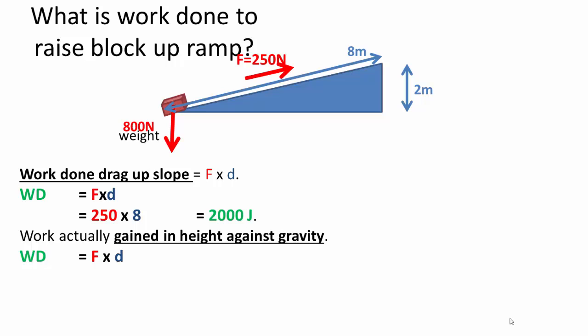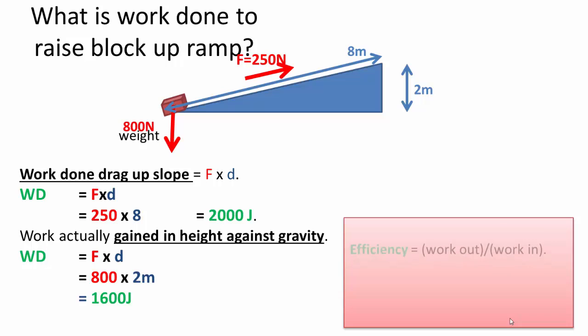So it's going to be 800 times 2, which gives us 1600 joules. Now, we're able to get effectively 1600 joules of energy out of this block, but we have to put in 2000 joules to drag it up the slope. So some energy gets lost somewhere, 400 joules gets lost.